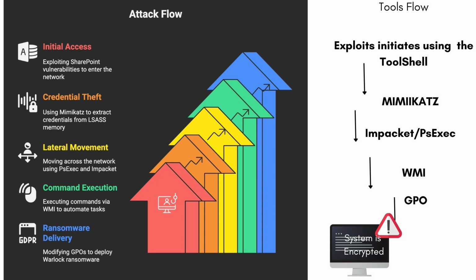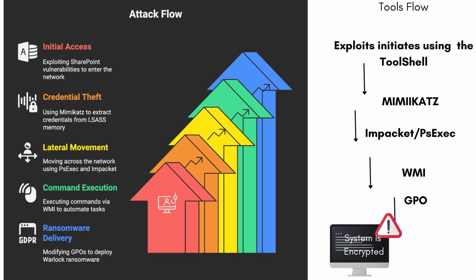So, to sum it up, these Warlock ransomware attacks by the Storm group are like a highly skilled lock-picking team. Imagine they find the master key, that's the ToolShell exploit chain, to a massive building, our SharePoint server. They don't just open the front door, they then proceed to steal all the security guards' credentials with Mimikatz.